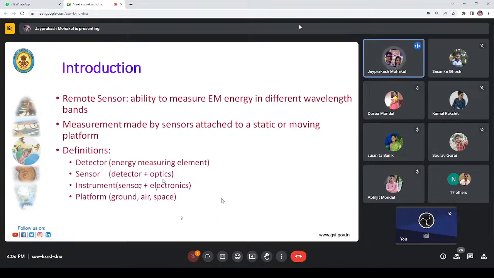So you have the detector, the sensor. Sensor is detector plus optics, and instrument is sensor plus electronics, and you have the platform. The platform can be ground platform, it can be air, or it can be space. Ground platform means you can keep a sensor, something like your airport radars.